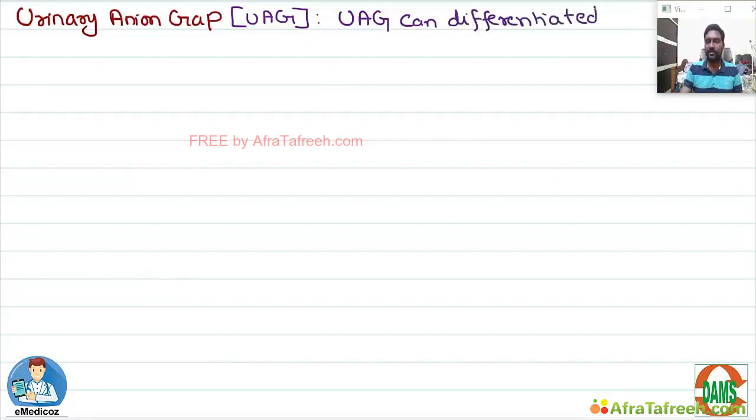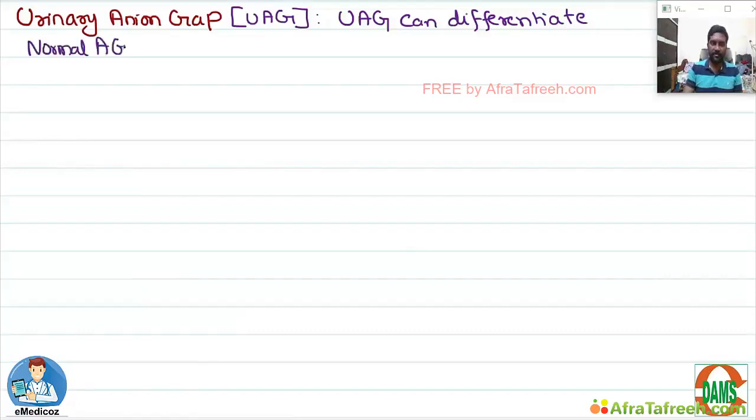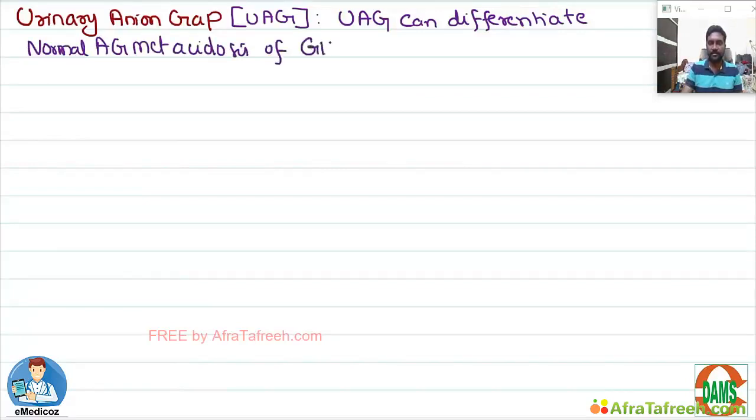So it can differentiate normal anion gap metabolic acidosis of GIT cause.